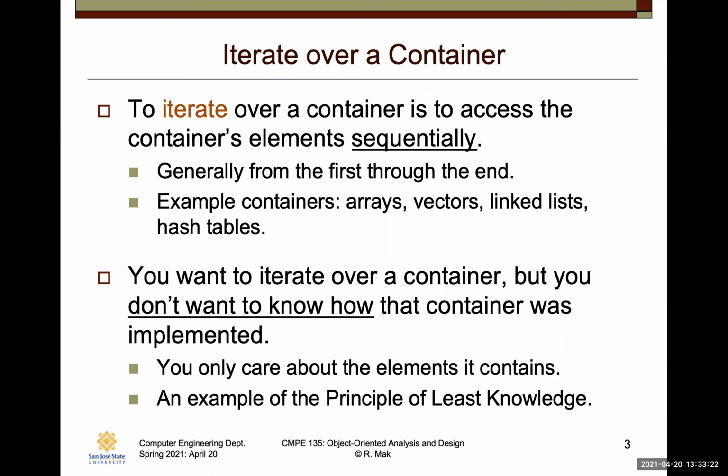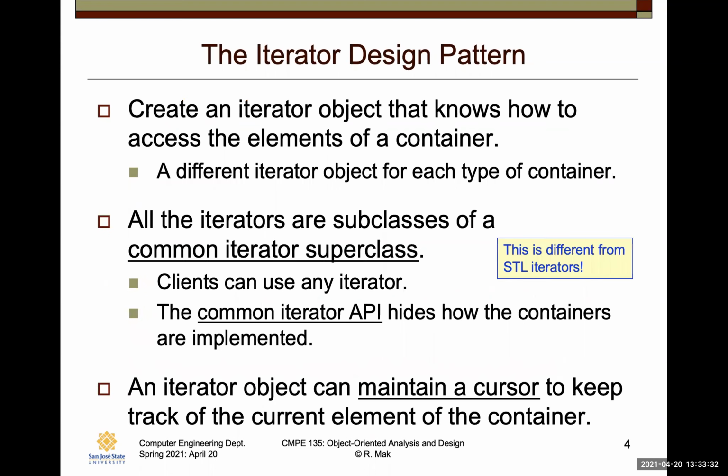All you care about is being able to go through the elements from start to end, in the order that the elements are in the container. The iterator knows how to access the elements of the container, and that information is hidden from you. All you have to know is how to work with the iterator.